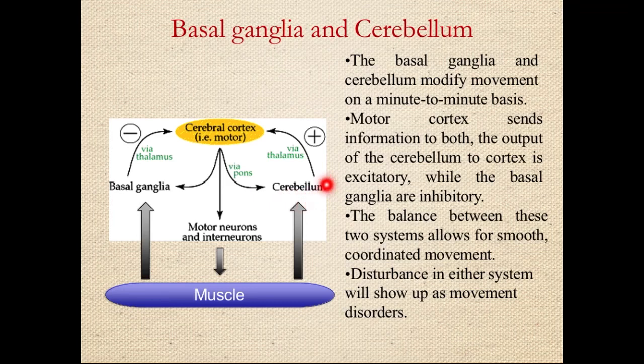The main concern of the cerebellum is, if there is a sluggish type of movement, it will excite it, meaning remove the sluggish part, and the main function of the basal ganglia for this minute to minute modification is that it will try to inhibit it. That is the broader aspect of saying.